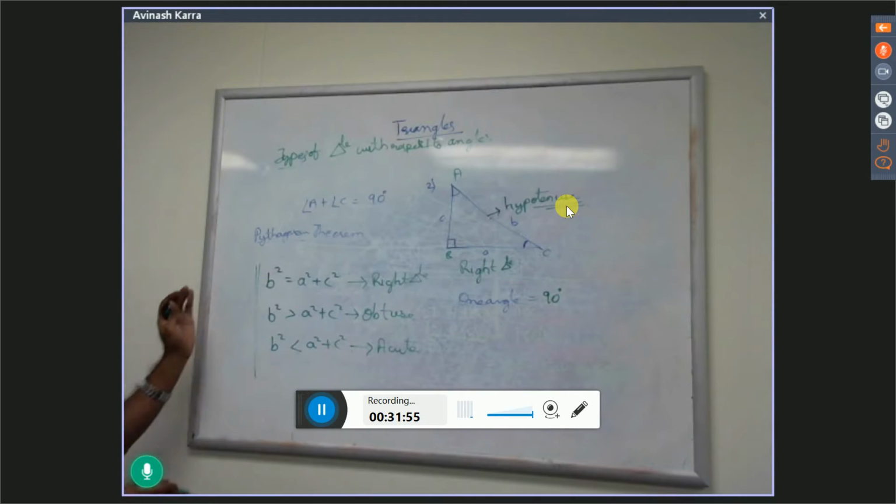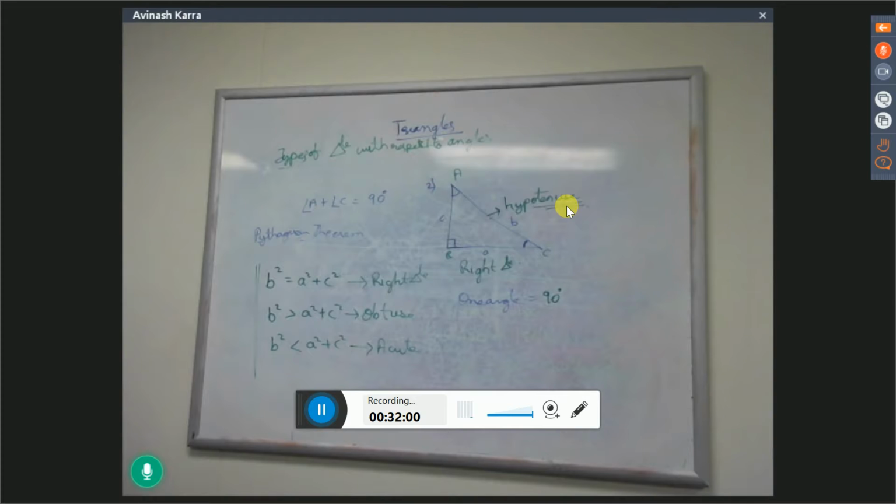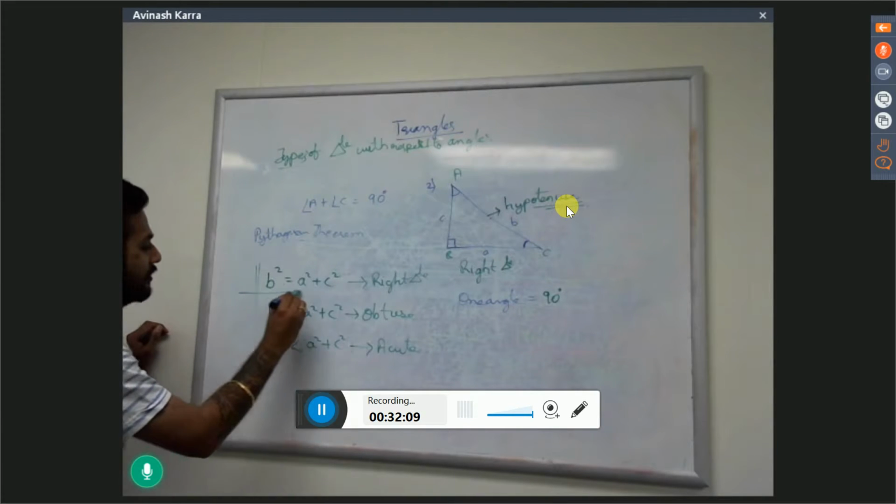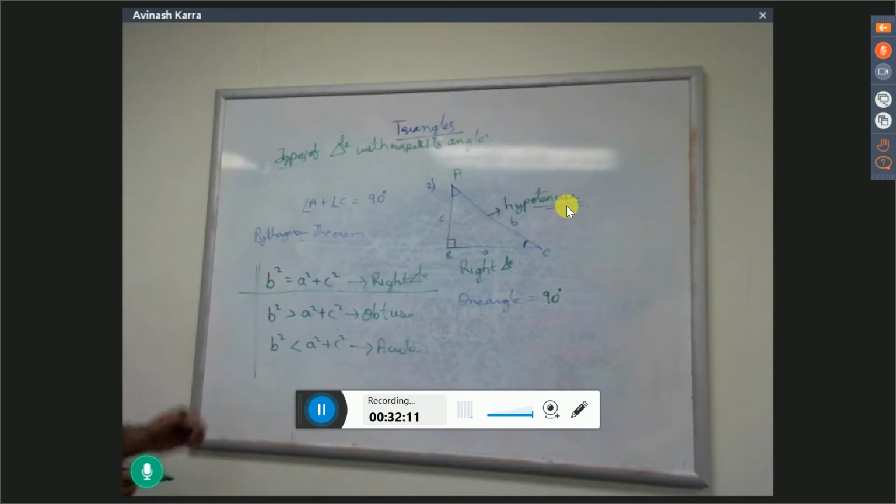These are the points you need to remember. Is it clear?